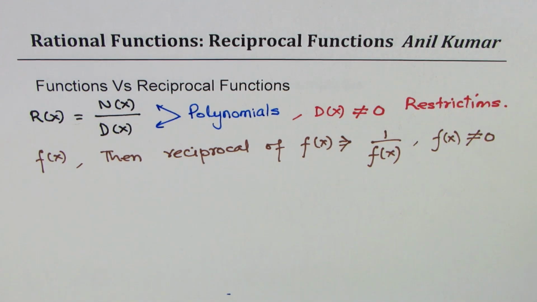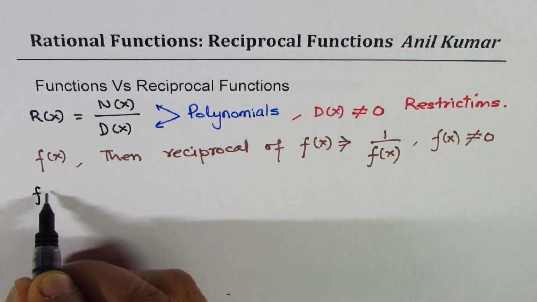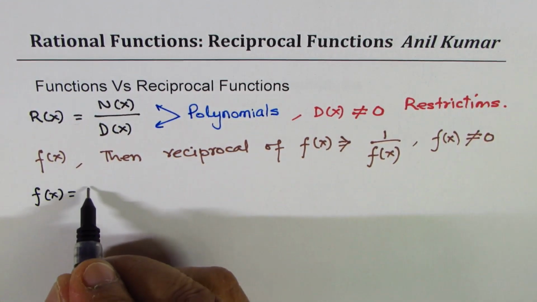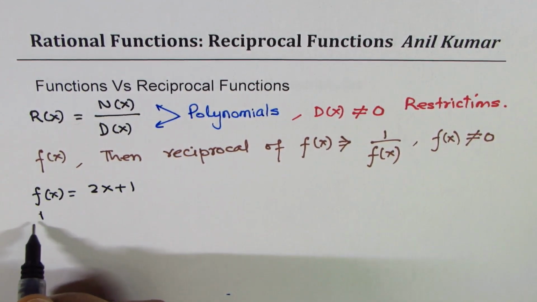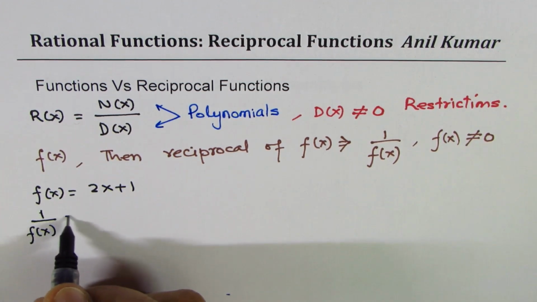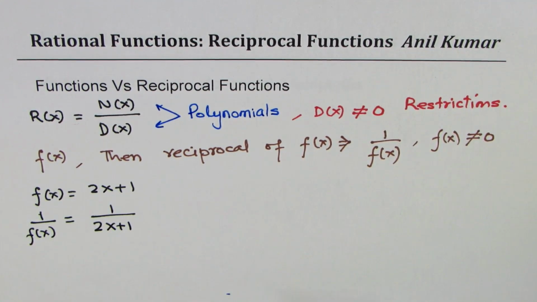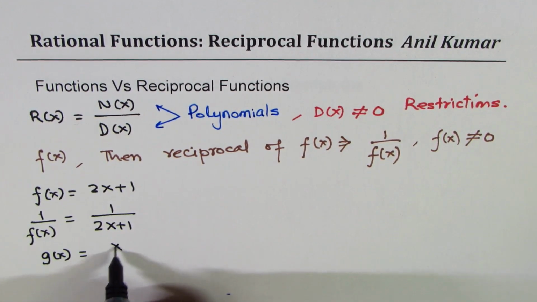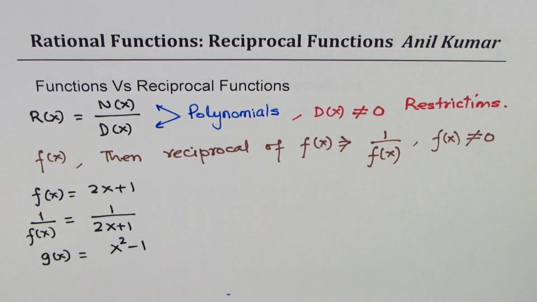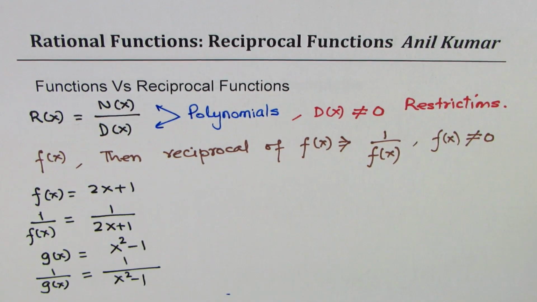For example, if f of x is equal to 2x plus 1, then 1 over f of x will be equal to 1 over 2x plus 1. Let us say we have another function g of x, which is x squared minus 1. Then 1 over g of x will be equal to 1 over x squared minus 1.